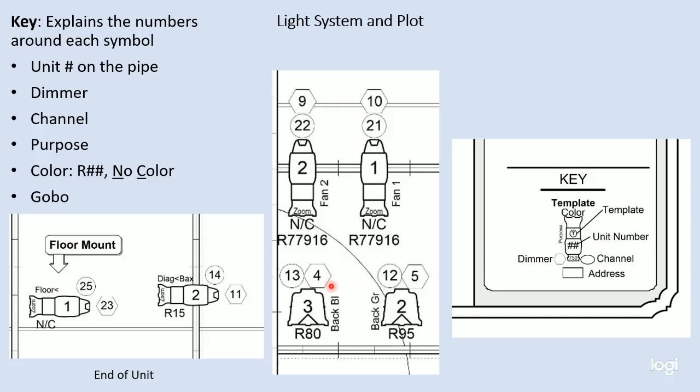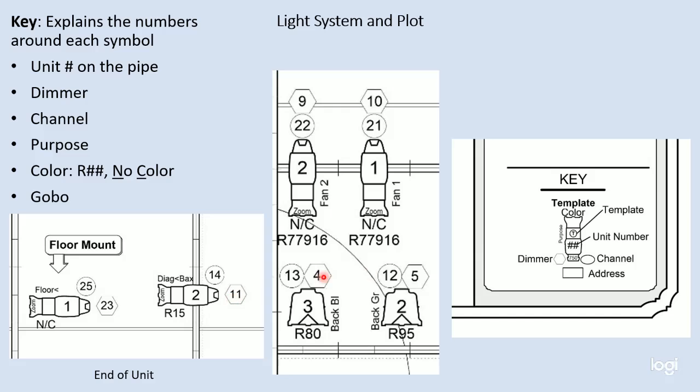And we'll see that each one of the lights actually has this little hexagon. And if the light is aimed sideways, it still has a little hexagon around it with a number inside, and that corresponds to the dimmer number that the fixture is actually plugged into.